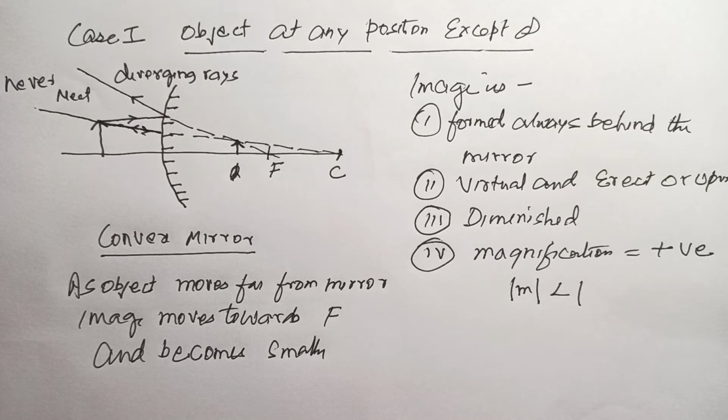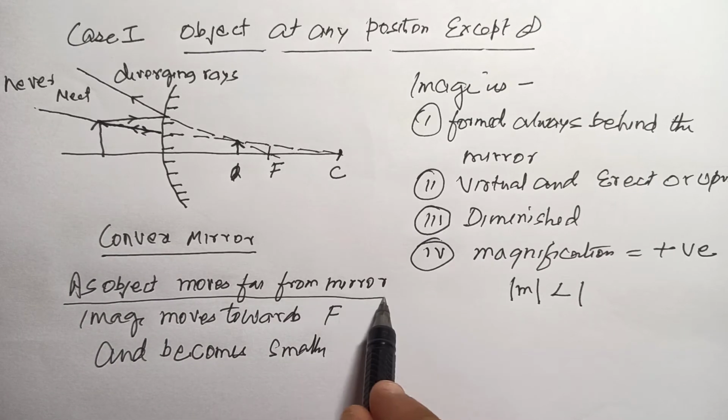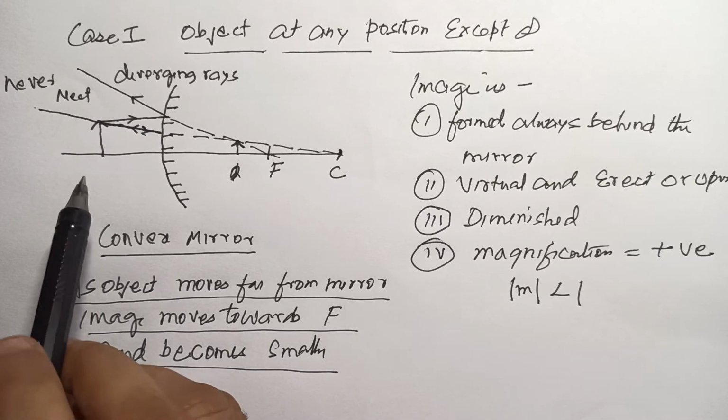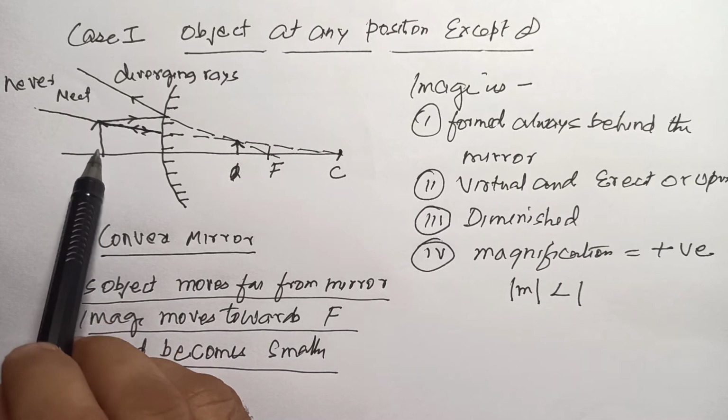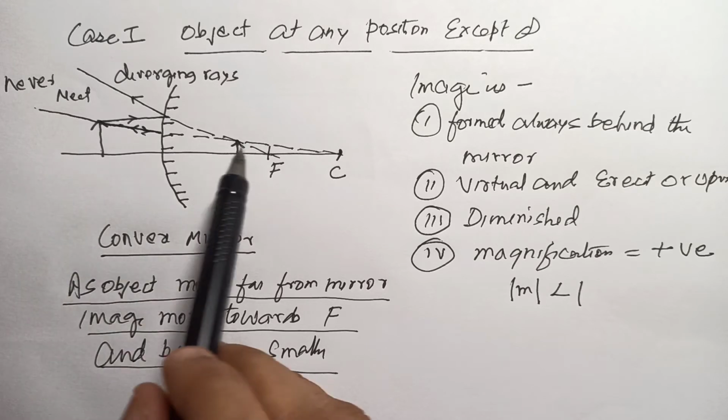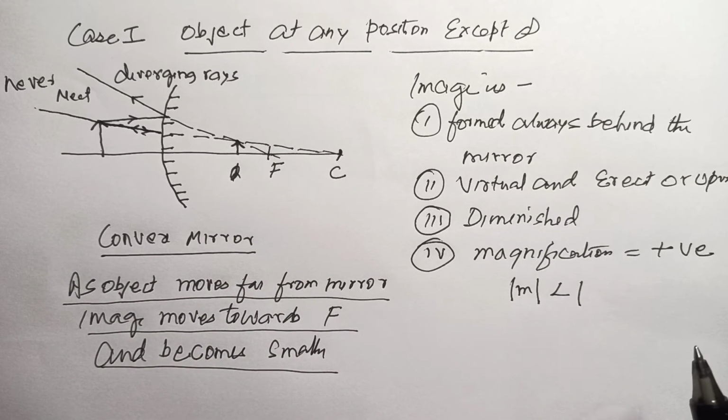Now in the second case, I will elaborate in the other slide, but I'm explaining it to you. As the object moves far from the mirror, the image moves towards F and becomes smaller. So that means as the object goes to infinity, the image moves to the focus, simple.